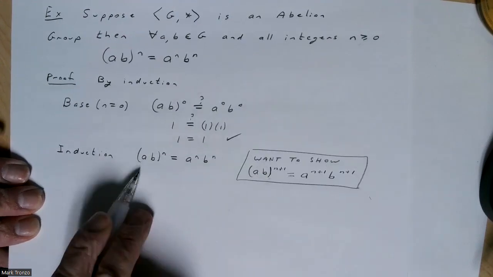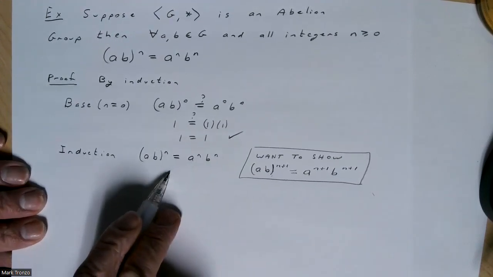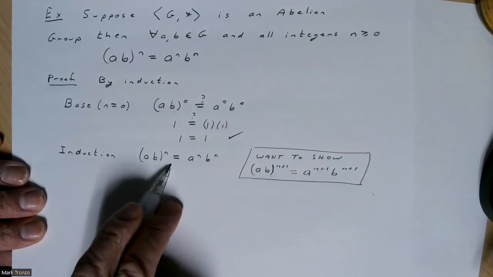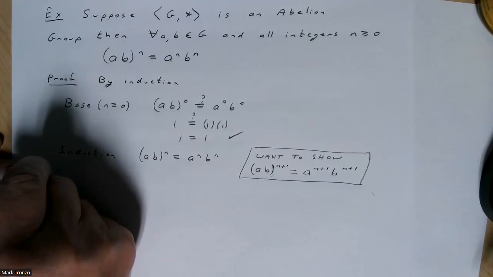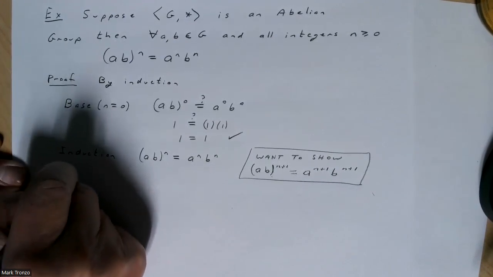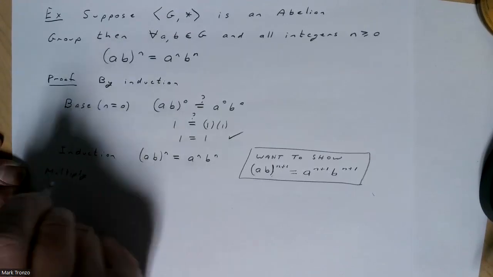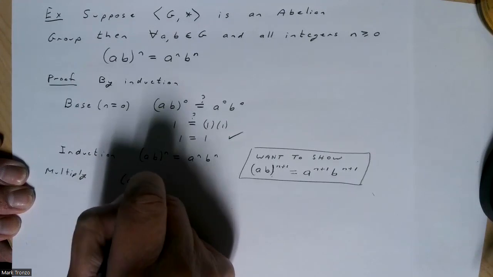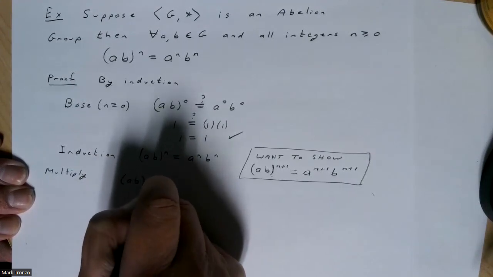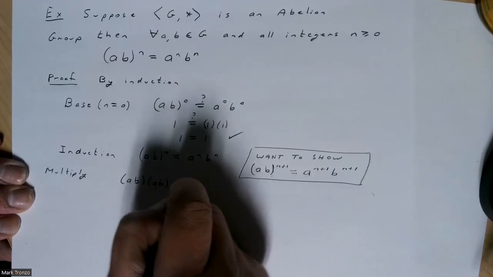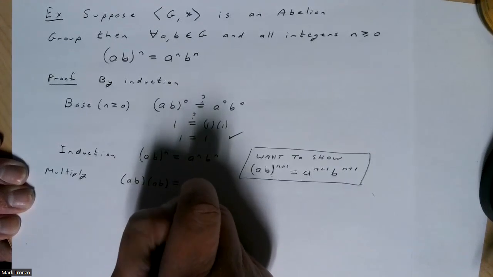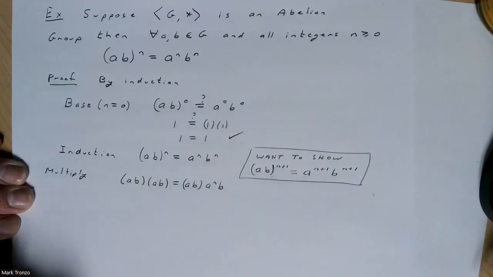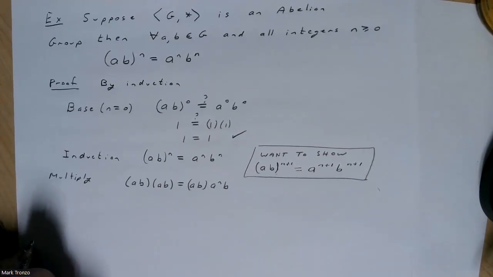I think this time we can start with our assumption and work with it. So let's multiply on the left by AB. So all I did was multiply by AB on the left.